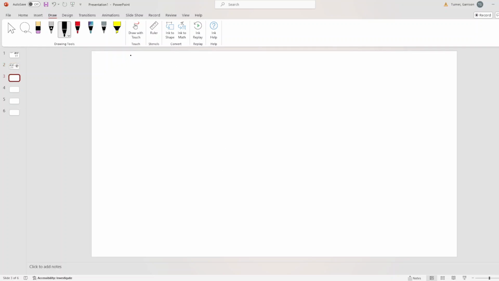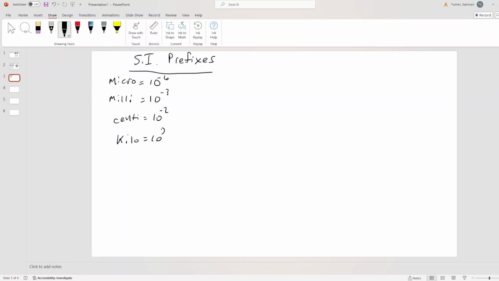Okay, so just to reiterate, let's go from micro, milli, kilo and mega. Okay, so these are your prefixes.